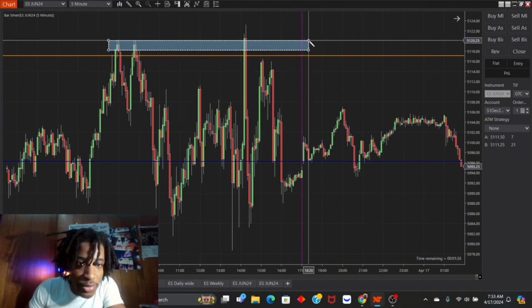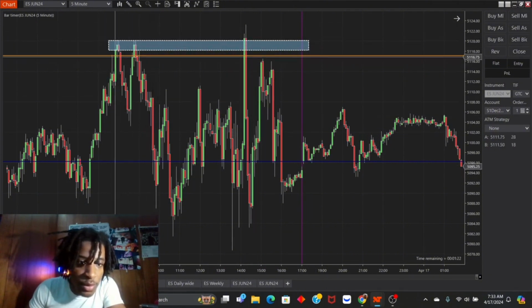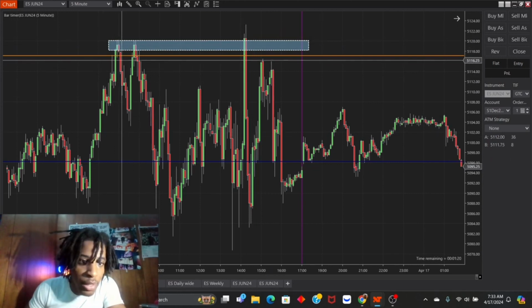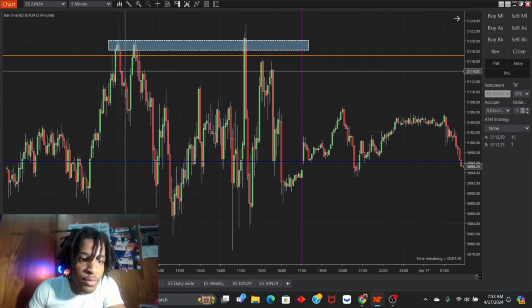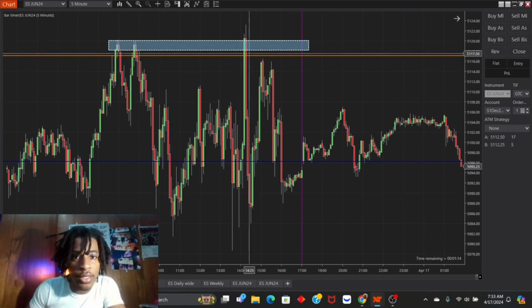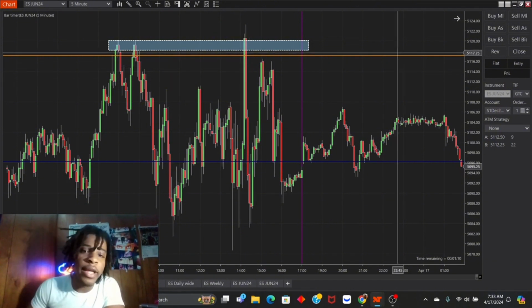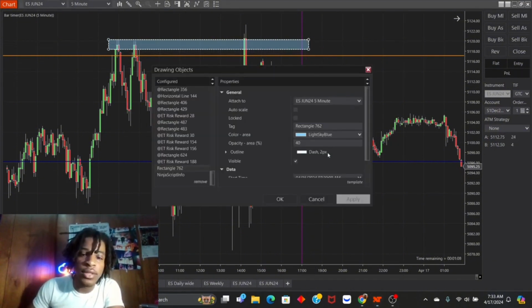Price came and touched it 3 times and bounced all 3 times. So if I would have seen it here, I definitely would have had my eye on it and probably caught this move here. It took it down, then another time it came, took it down. It has resisted off this 3 times now, so I don't know how strong this resistance zone is.